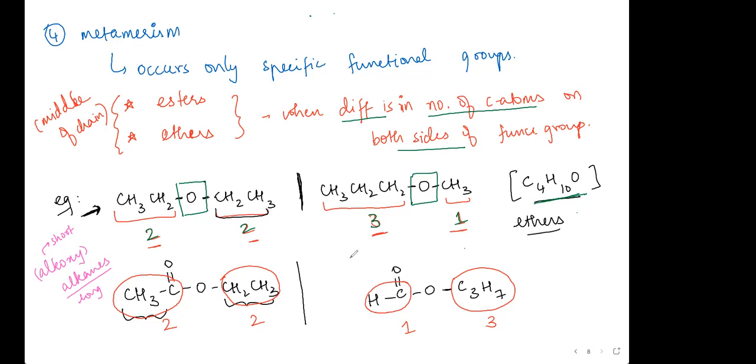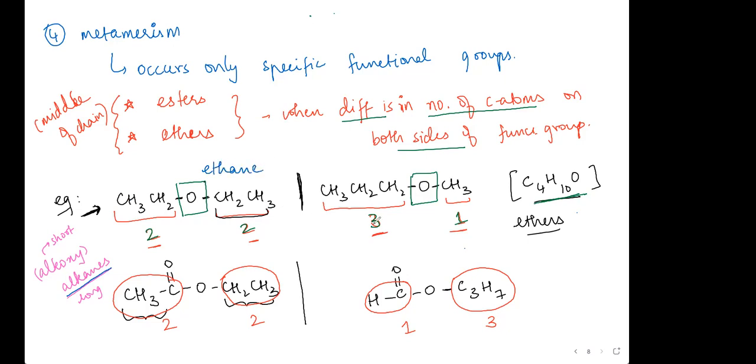Simplify it. In an ether there's oxygen and 2 sides to it, right? So check the number of carbon atoms on both sides. Whichever is the longer side, keep it as alkane only. Here 2 and 2 doesn't matter, so the second part of it is just ethane.